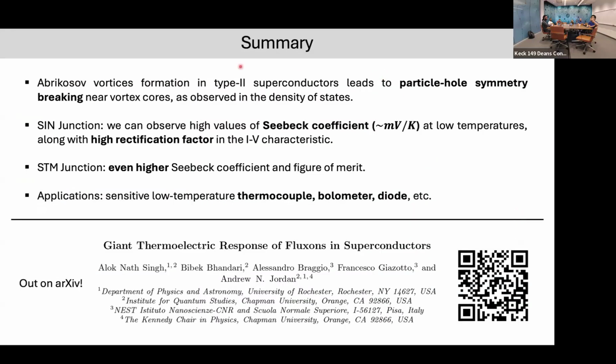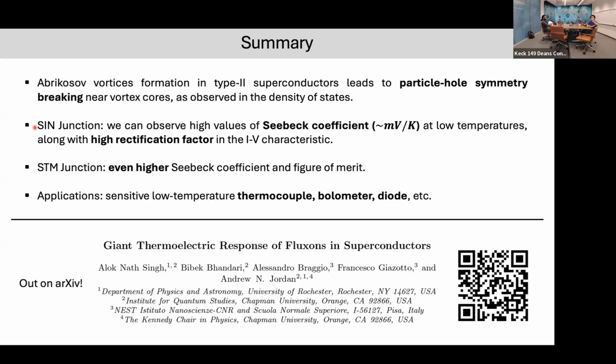So here's a brief summary of the things I talked about today. We saw that Abrikosov vortex formation in type 2 superconductors can lead to particle-hole symmetry breaking, especially the vortex cores, which was also observed in the density of states structure. Then we talked about 2 experimental setups that we proposed.